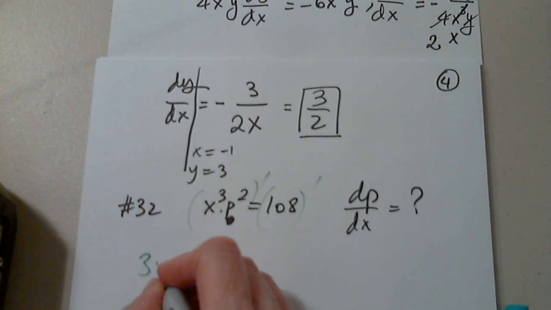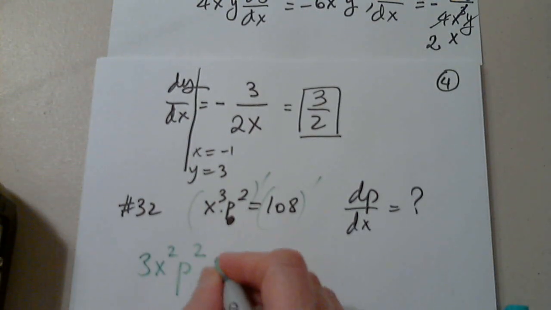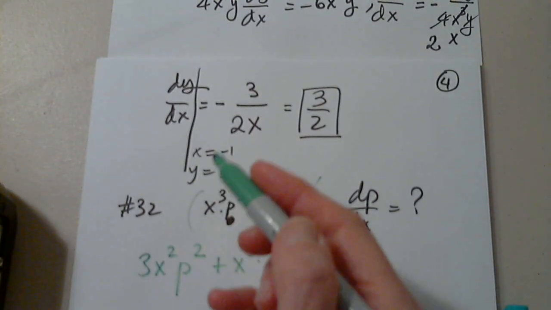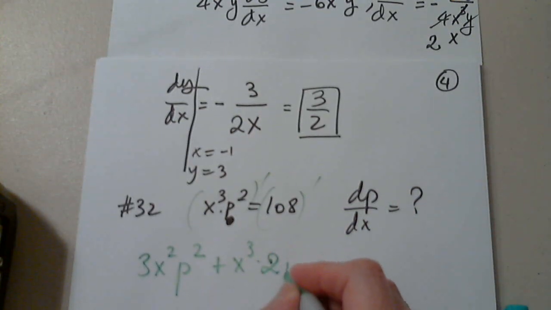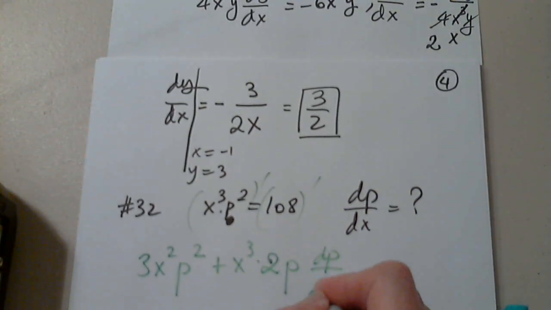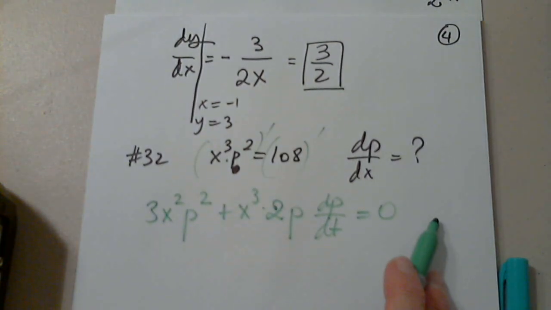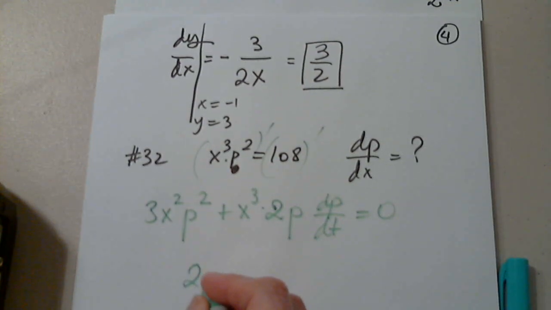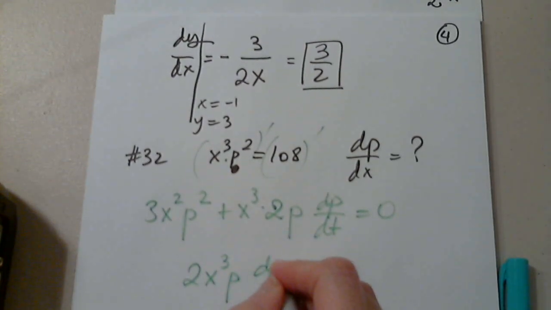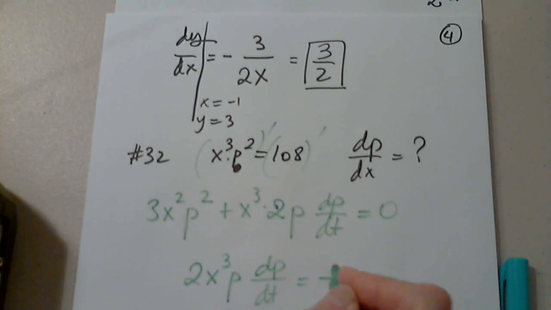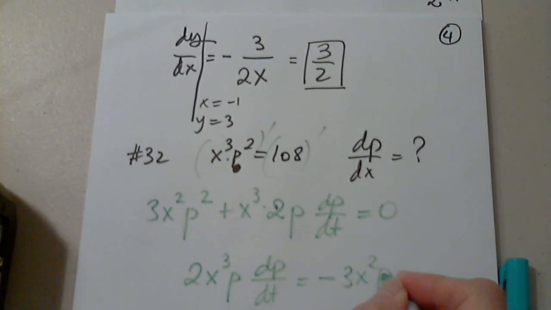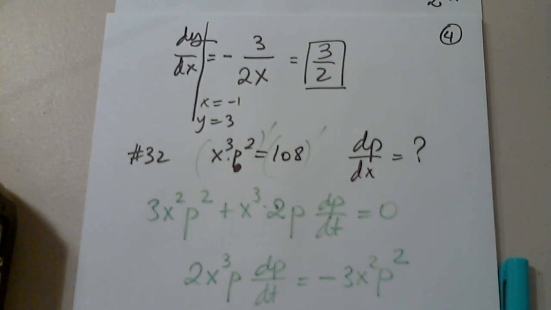So I have 3x squared p squared plus x cubed, the same idea, everything the same, 2p dp over dt equals 0. Again, this piece has to find its way to the other side, and we have to change the sign. 2x cubed p dp over dt equals negative 3x squared p squared.